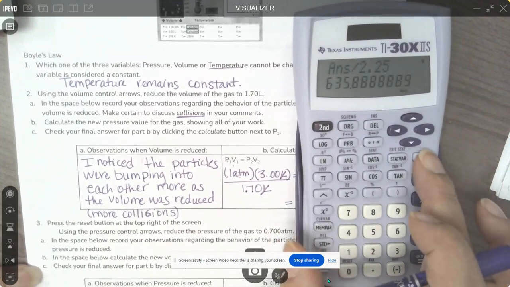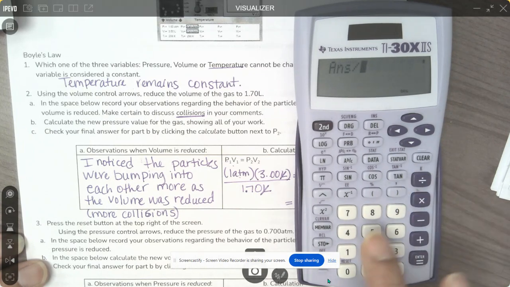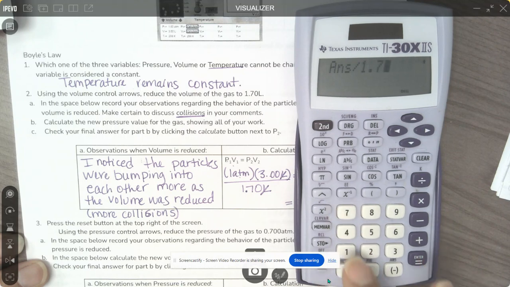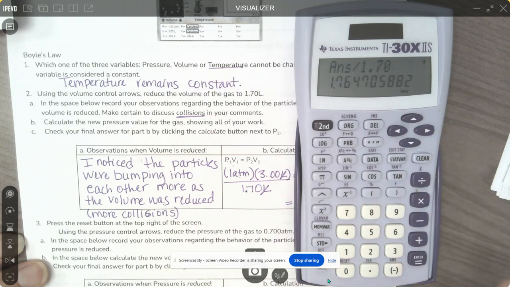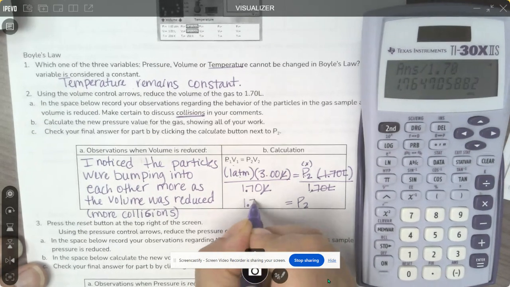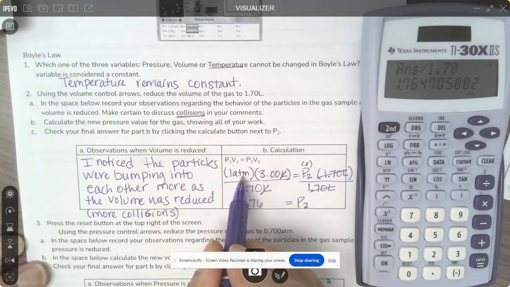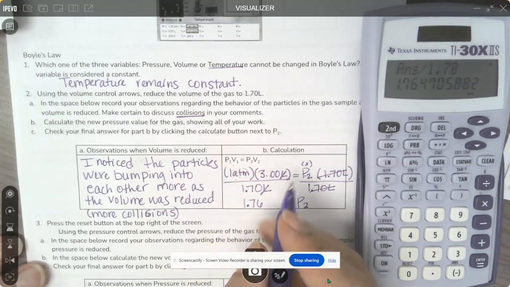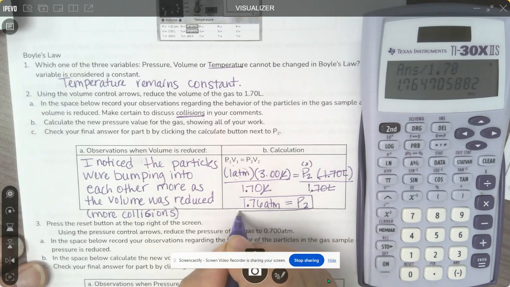I don't know about you, but 1 times 3 is 3, but you can enter that if you want. 1 times 3 equals 3, and I'm going to divide that by 1.70. And then equals, so my new pressure is 1.76. And you'll notice that the new pressure unit is the one that's left over here, ATM. So I have a pressure of 1.76 ATM.